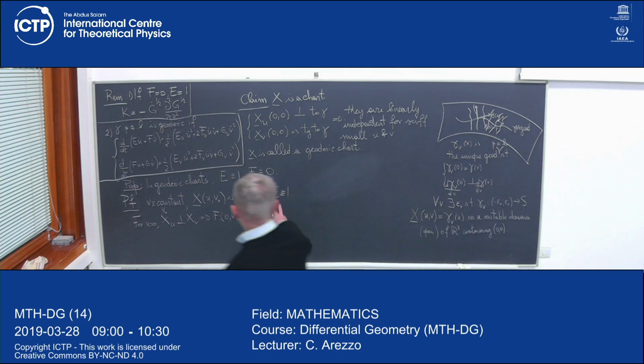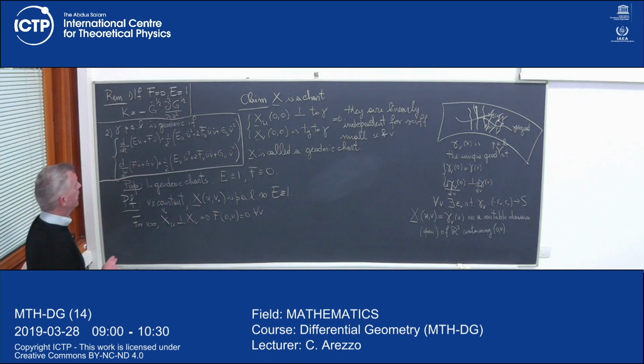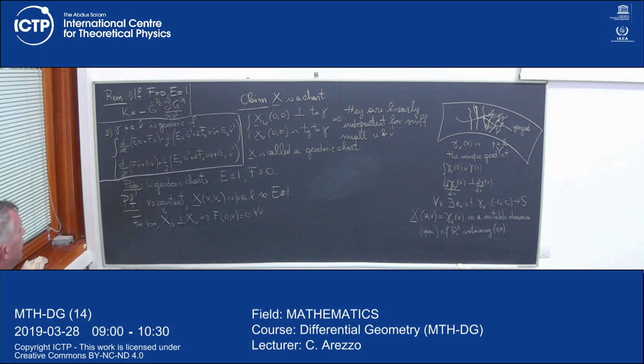Now, we already know that E is equal to 1. So let's go back here to the system. Which kind of equations does the curve satisfy? The geodesic equation satisfies. So let's see which one is the good one. Now we let v move, and we know already that E is equal to 1.